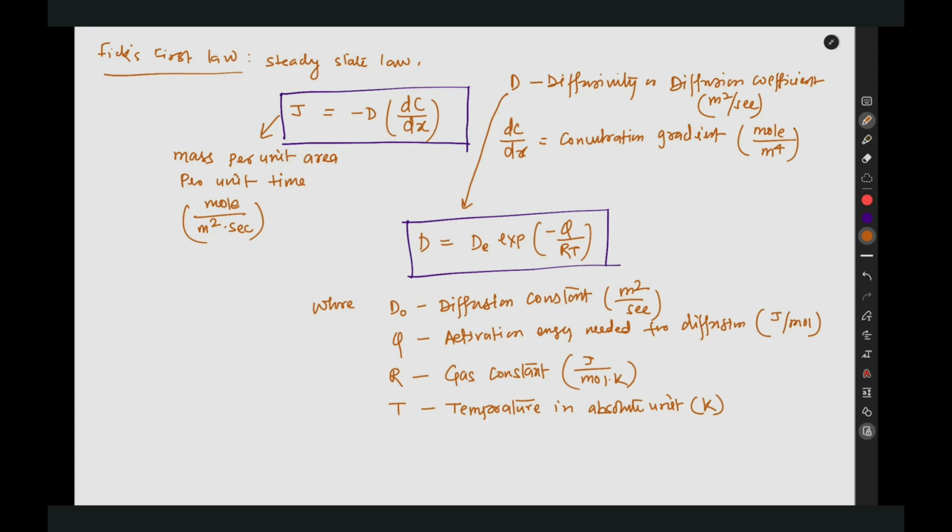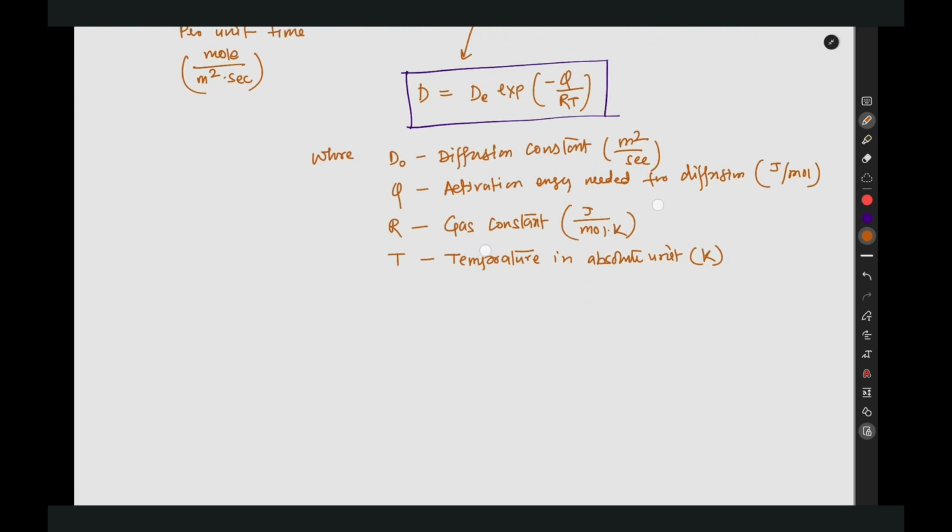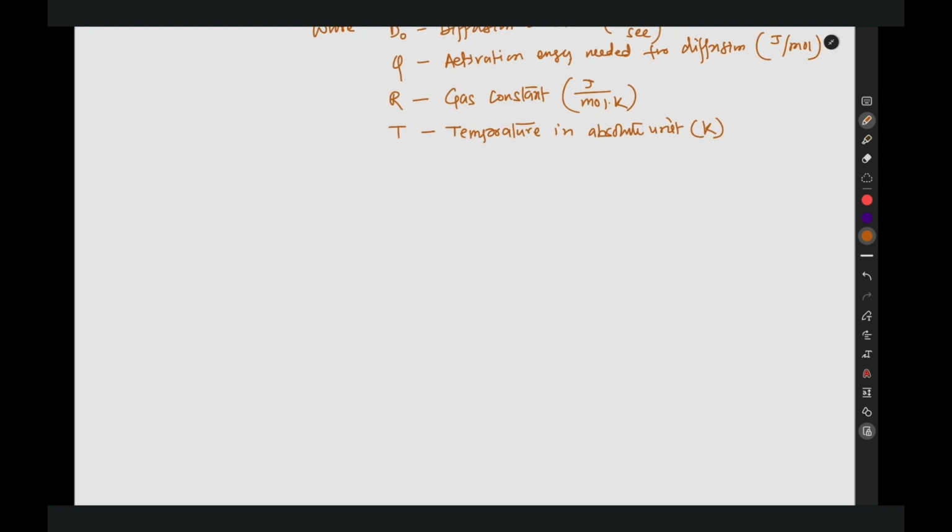Next we are going to understand Fick's second law. This law is also called the non-steady state law.